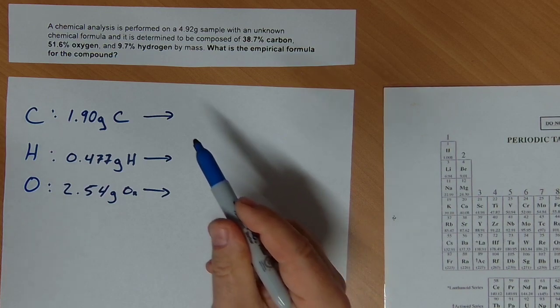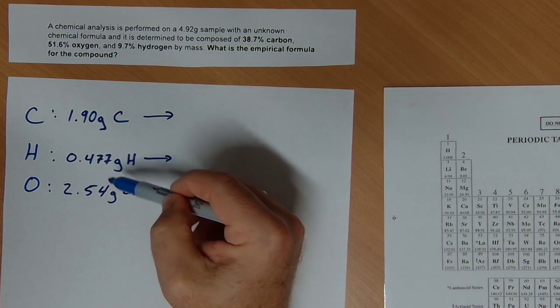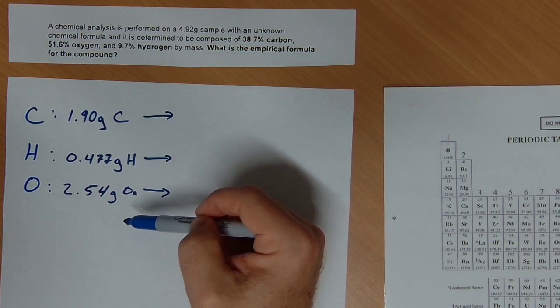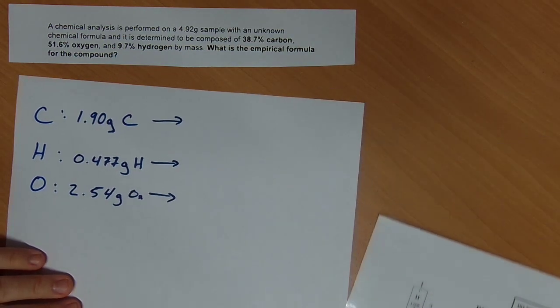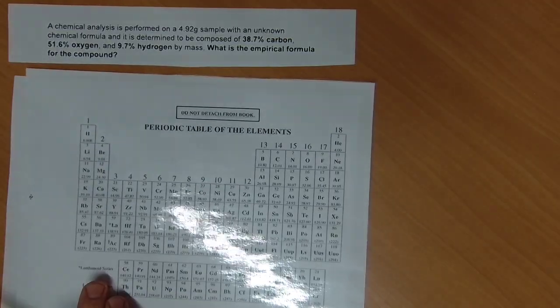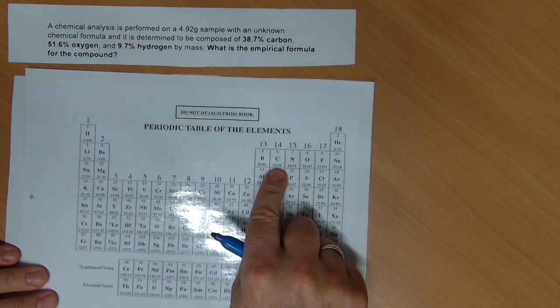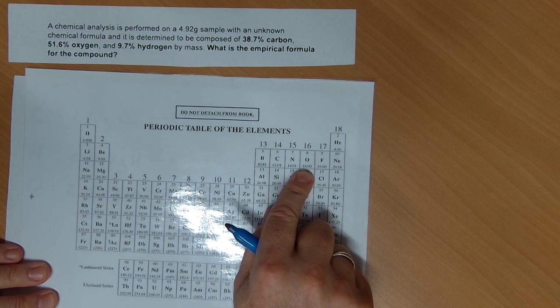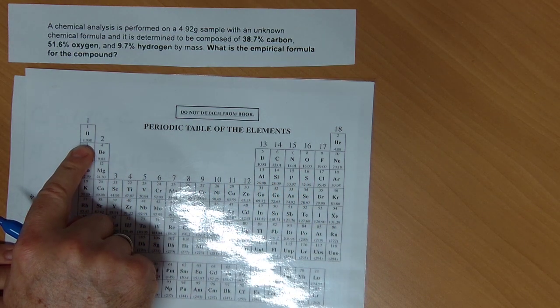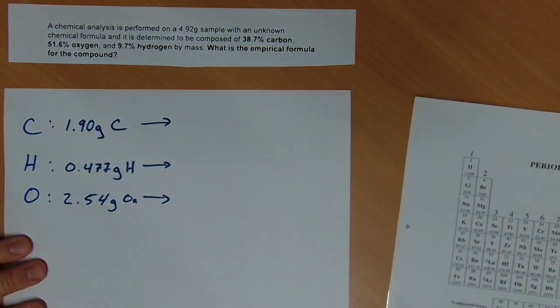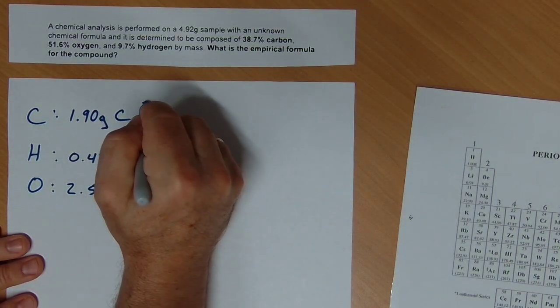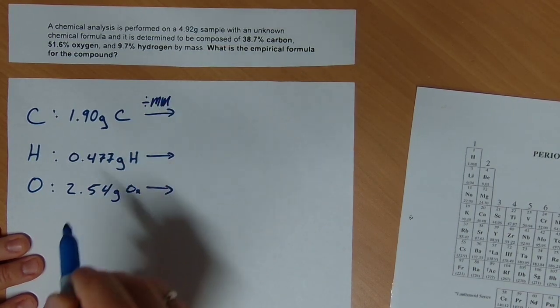Okay, now I need to get from my mass information over to a number, and that's where I use molar masses. You need to use the correct molar mass for each one of these things. So I'm going to be using 12.01 for carbon, 16 for oxygen and 1.008 for hydrogen. But nonetheless, we are dividing by molar mass.